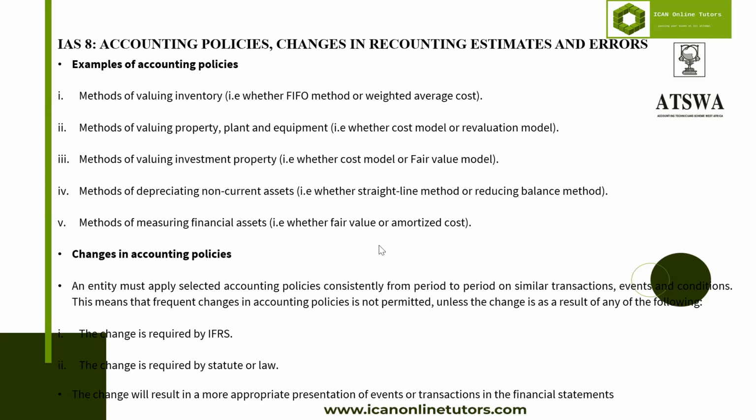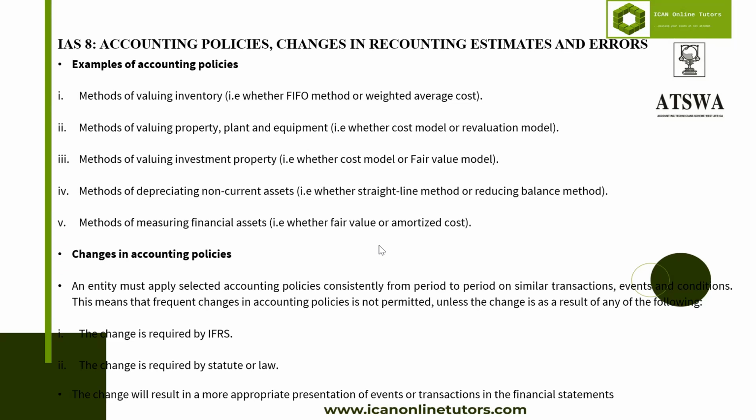Another good example is property, plant, and equipment, PPE. We have two methods of valuing PPE: the cost model and the revaluation model. Another example is the method of valuing investment property, that is, whether at cost or fair value model.